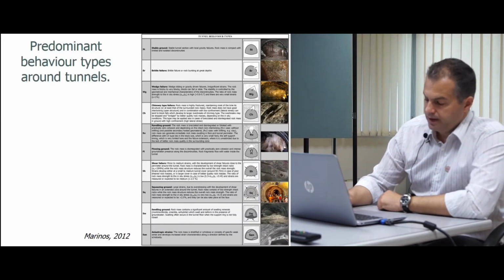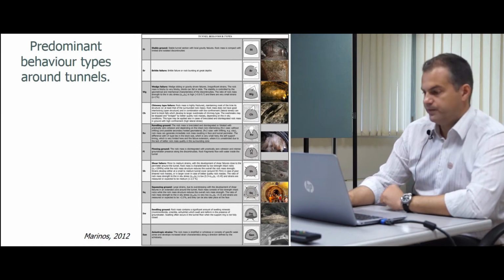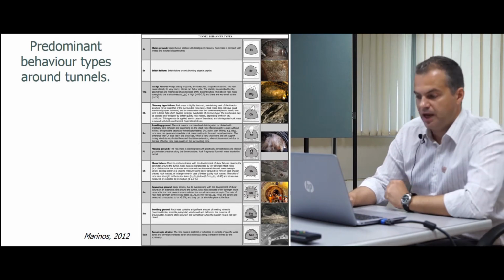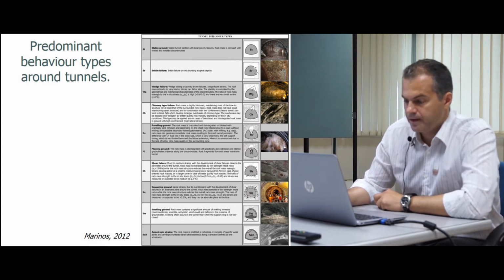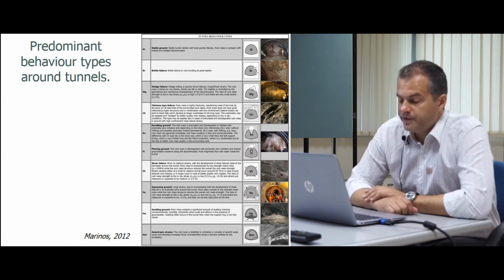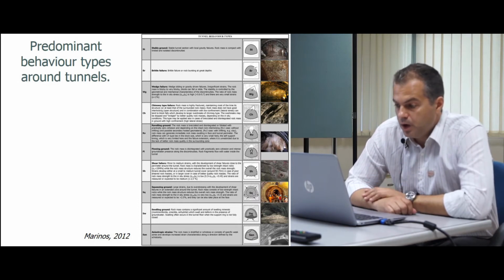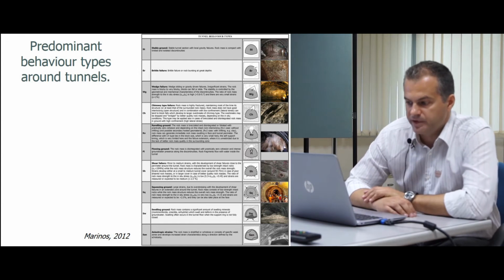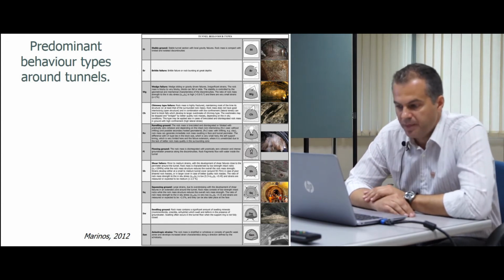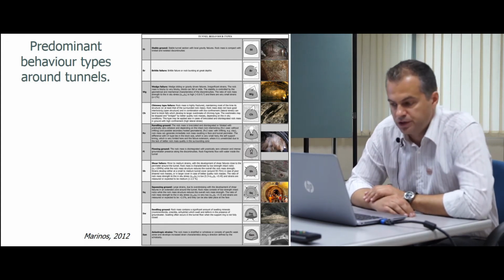So let's have a quick look at the possible behavior types we can use in this methodology. We start from the stable ground. So no failure here. We may have some local gravity failures, but the rock mass is compact with limited and isolated discontinuities.